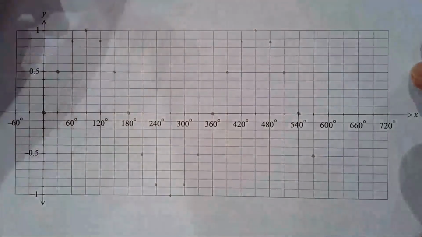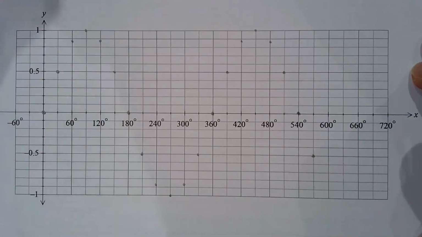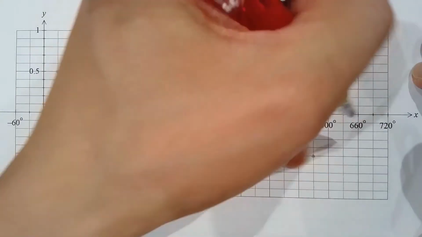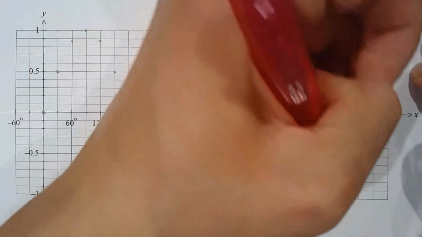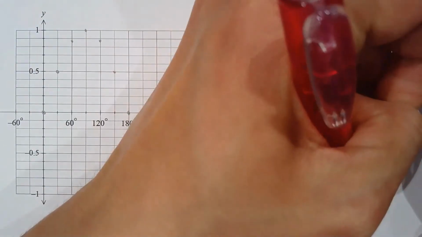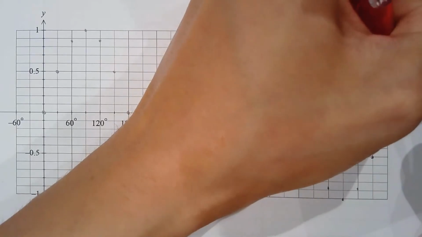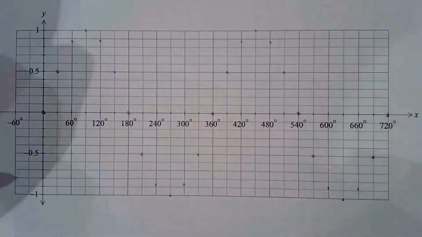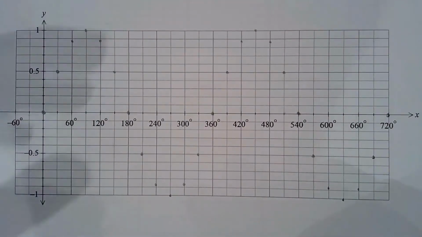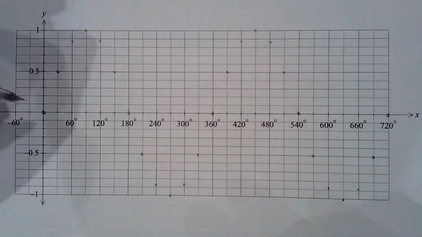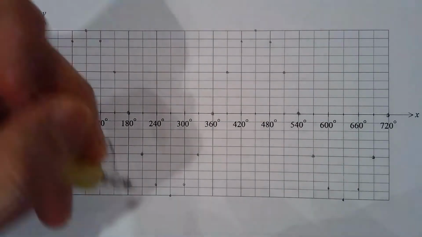So it's a good mistake, actually, because I want to bring up the fact that when you graph these sine or cosine functions, what you should have in mind is a beautiful, smooth, symmetrical wave. So when I connect these dots, please don't make it sharp. It's a nice, smooth, symmetrical wave.